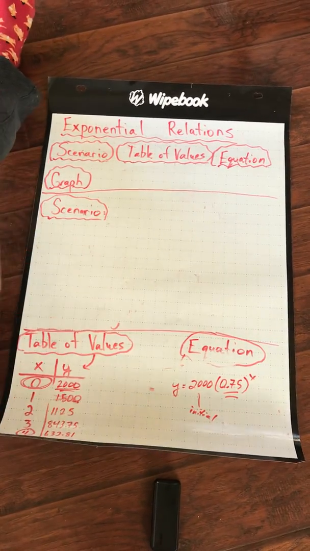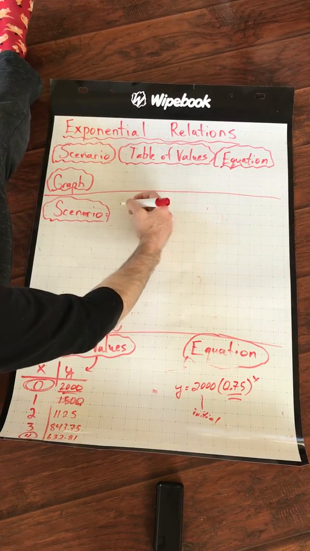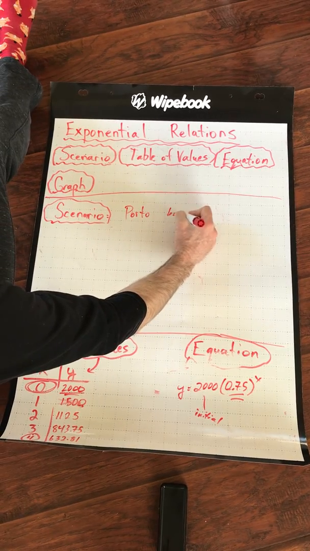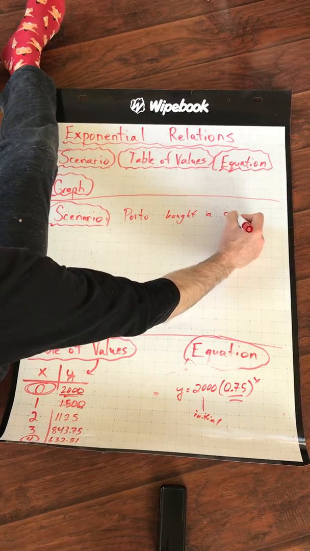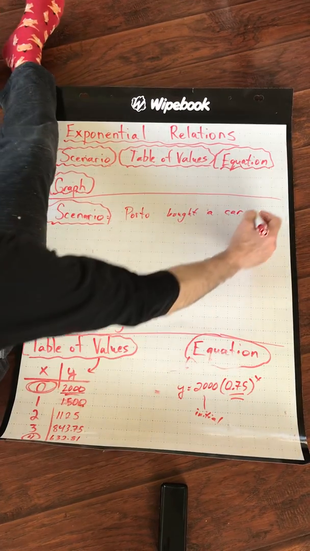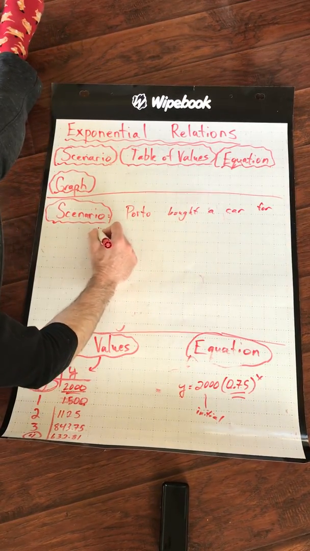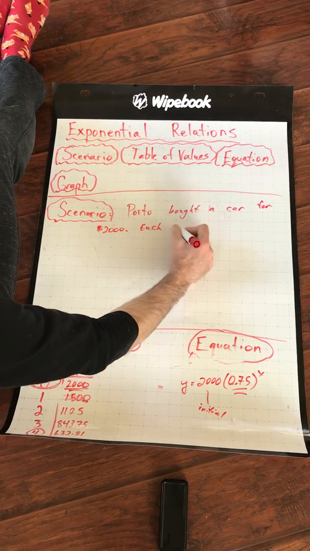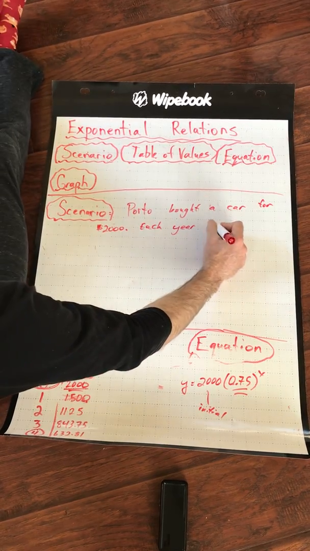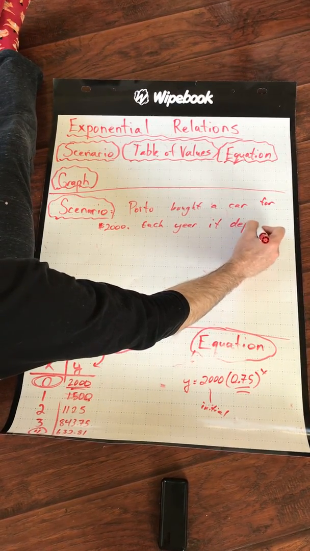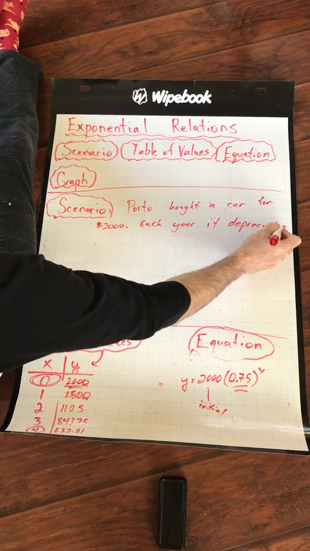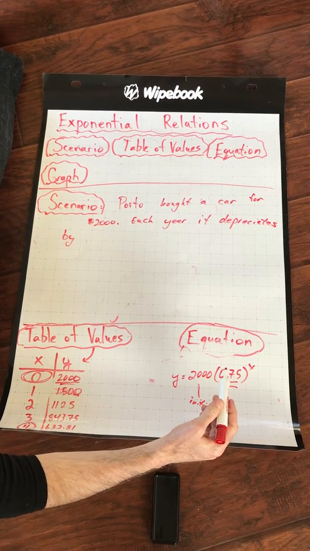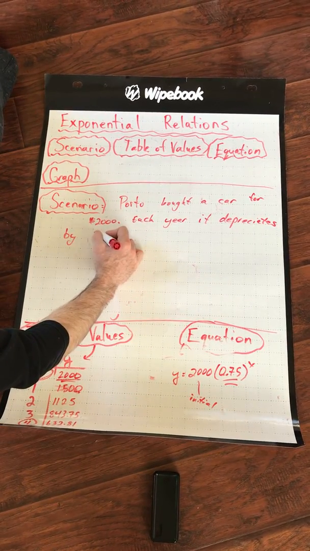Now, what kind of a scenario could we build with that? All right, let's say I bought a car. So Porto bought a car, and the initial amount is $2,000. So the value of my car right now is $2,000. Each year, it depreciates by, so if it's worth 75% of its original value, then that means it depreciated by 25%.